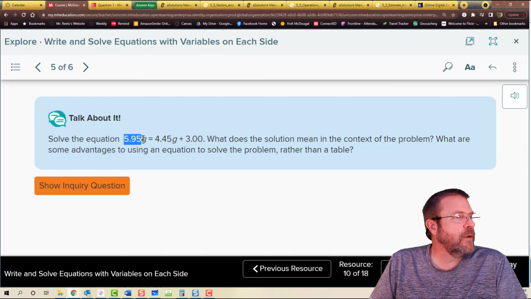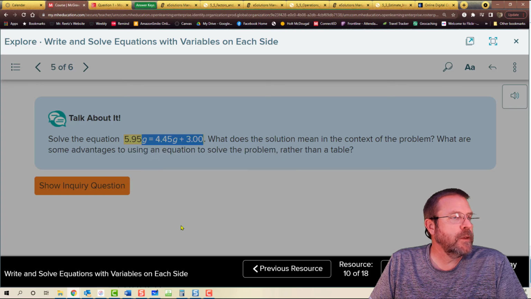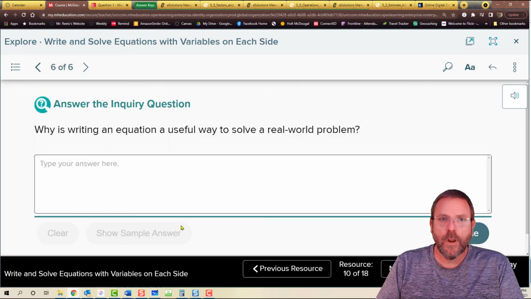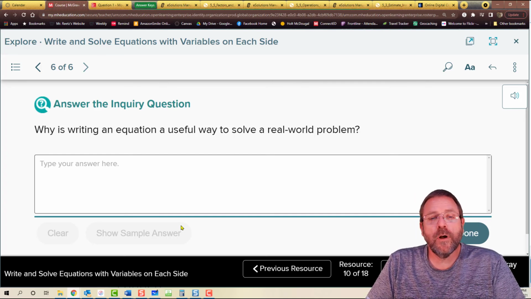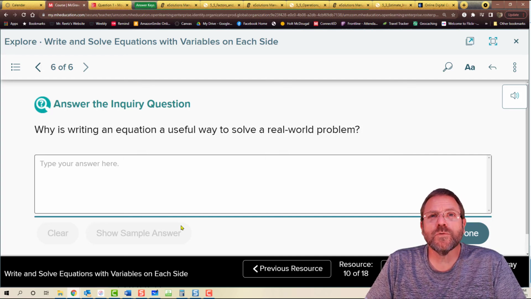And you can see they did that right here. $5.95 times G, that's bowling alley A, is equal to bowling alley B's $4.45 times G plus the $3. So why is writing an equation a useful way to solve a real-world problem? Well, I'll tell you why. It allows you to save money. It's an easy way to figure out which bowling alley would be the better deal for you.